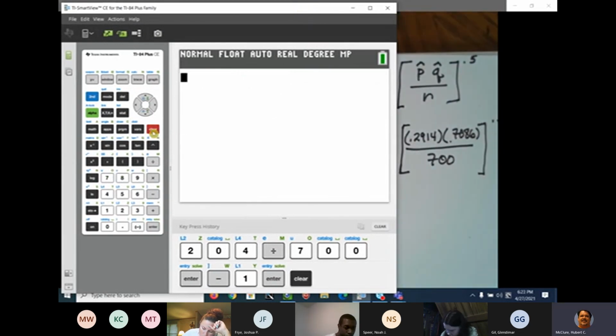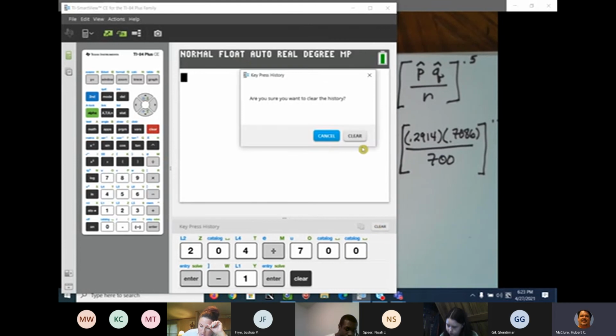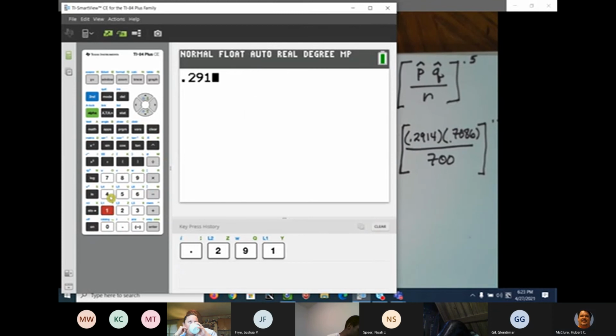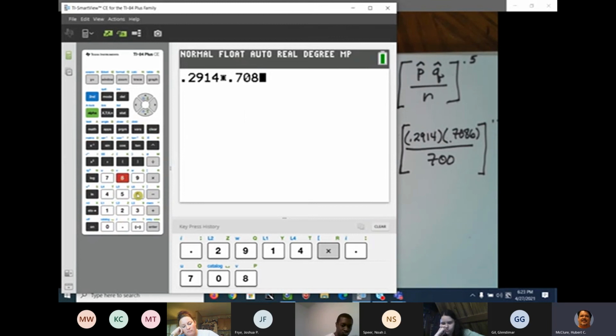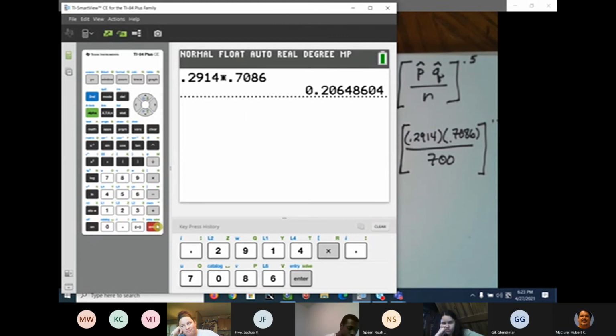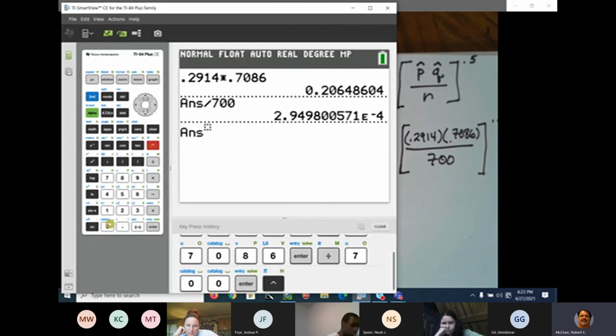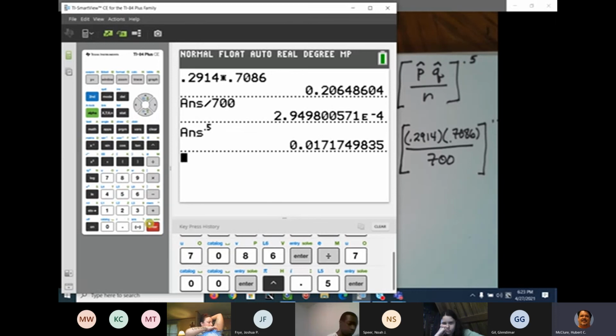So clear and clear. 0.2914 times 0.7086, and that's divided by 700. And raise that to the 0.5 power. Now I use 0.5, and I've been using that all semester. You can use the square root if you want to, however you want to do it.